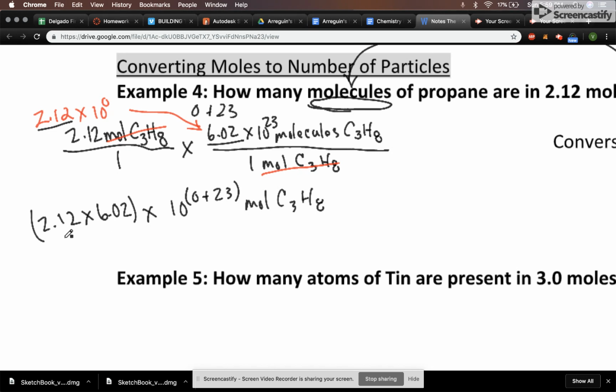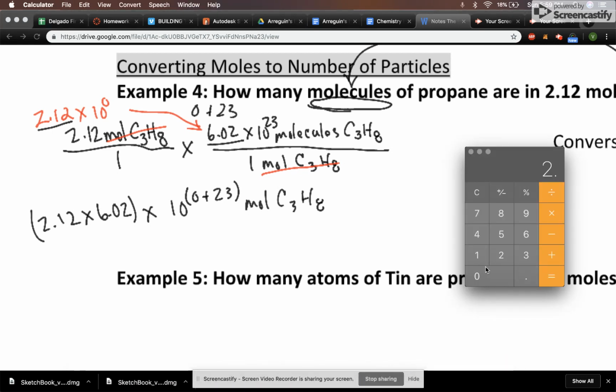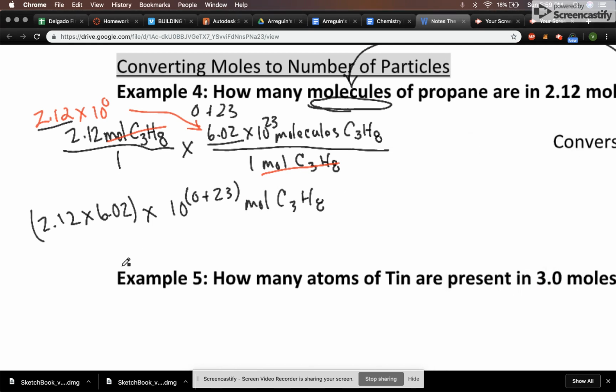We get our trusty calculator and write 2.12 times 6.02, and that gives us 12.76. So we can write 12.76 times 10 to the 23rd power, because 0 plus 23 is still 23. But now we have to make this into the correct scientific notation.